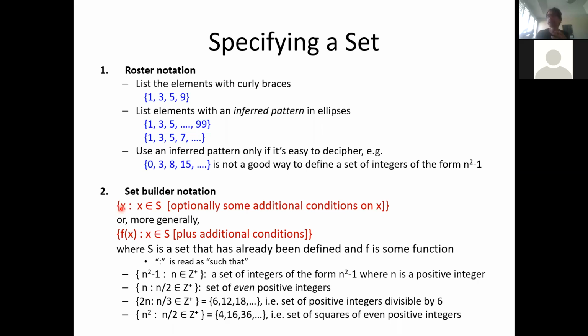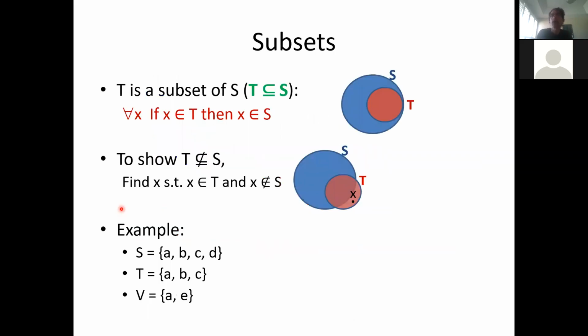So sets and predicates go hand in hand. And to say that set T is a subset of set S is the same as to say that the predicate that is defined by set T implies the predicate defined by set S.